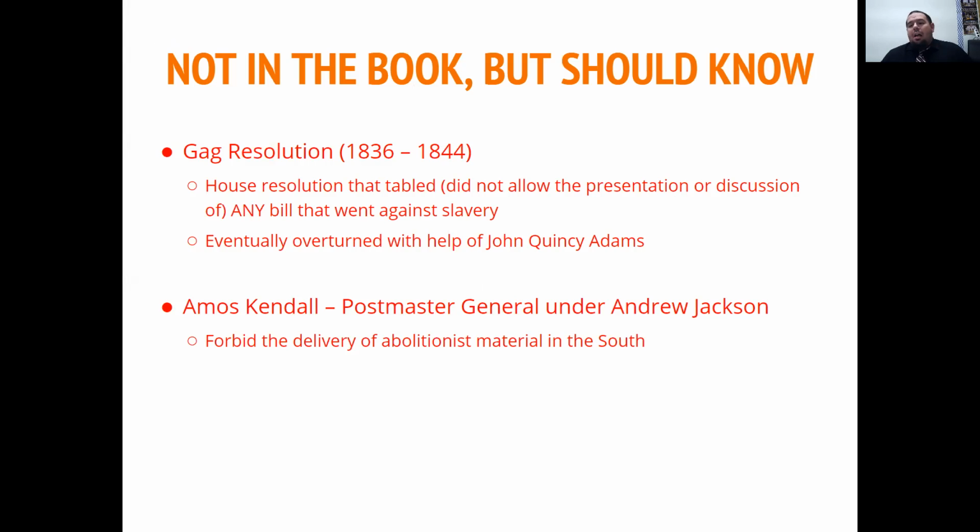They couldn't provide legislation to end slavery. It was eventually overturned with the help of John Quincy Adams. Yes, the former president became a House member, and through his influence, he was able to overturn it. But this kind of goes against the freedom of speech, First Amendment, because they weren't allowed to. And that seems wrong, right?